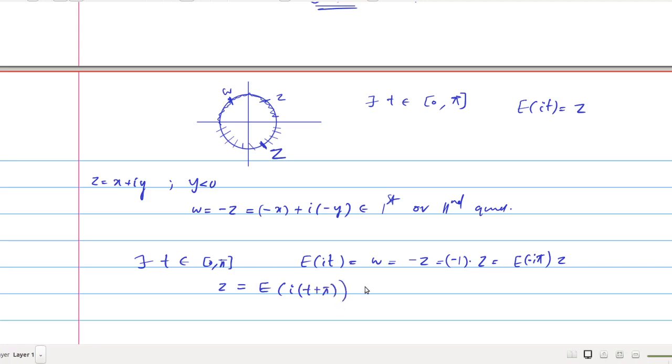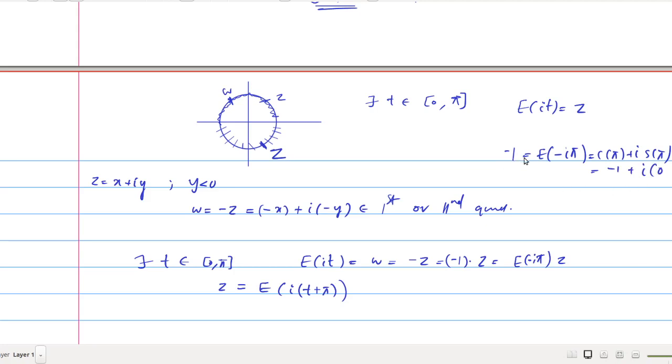This is because we know that e of minus i pi can be written as c of pi plus i times s of pi. We already proved that this quantity is minus 1, because c of pi is equal to minus 1 and s of pi is equal to 0.